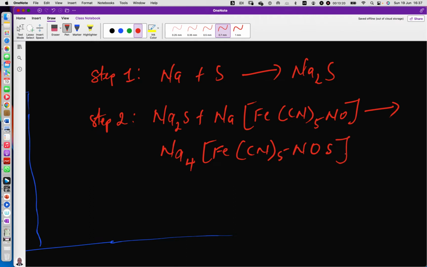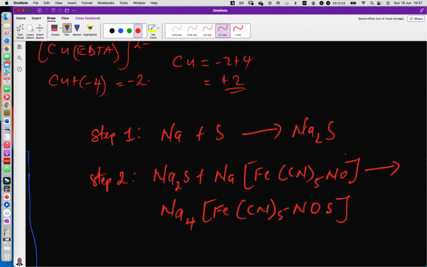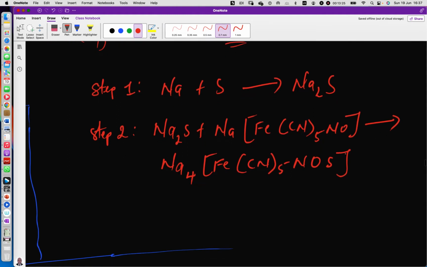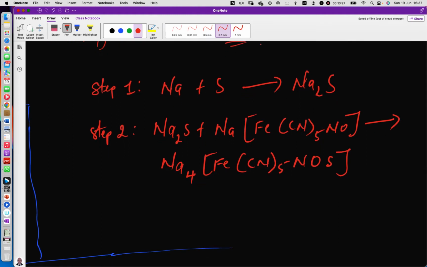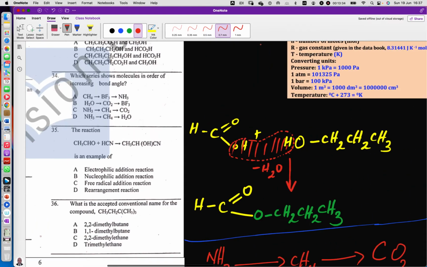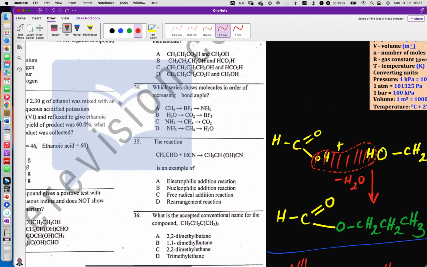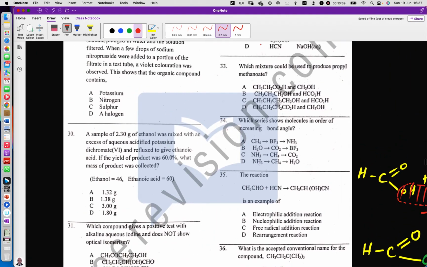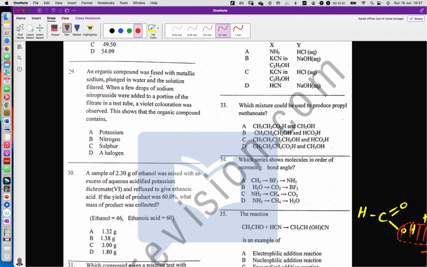As I said, a violet color. Let me go back to the question so that you can better understand. Question number 29: a violet color with sodium nitroprusside is a test for the presence of sulfur in an organic compound.